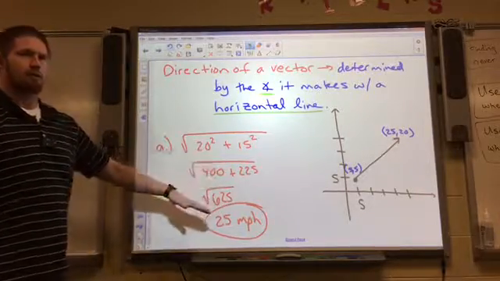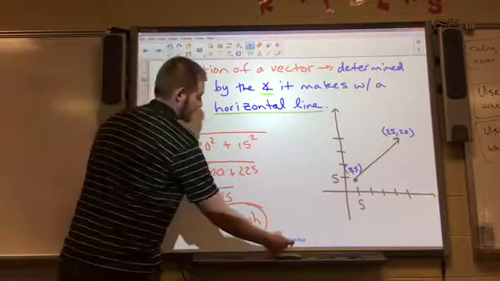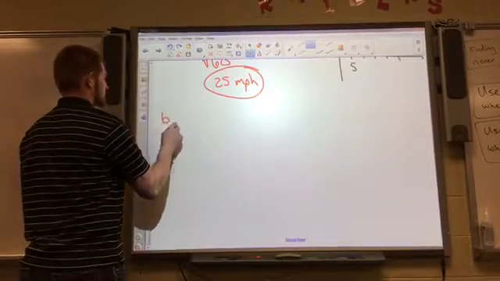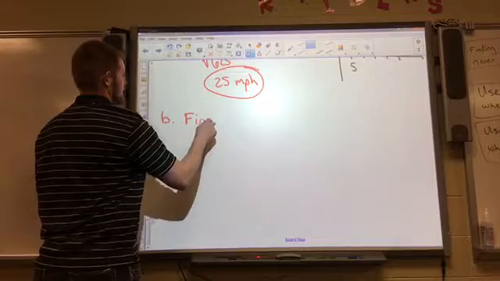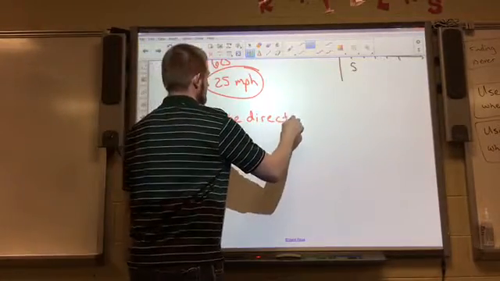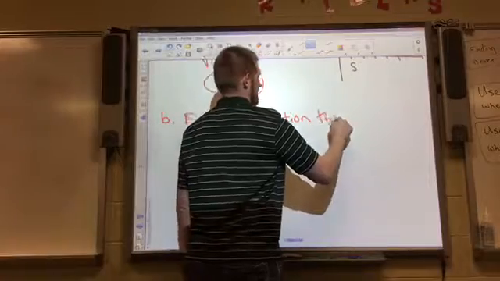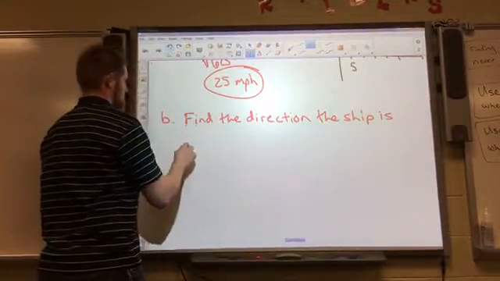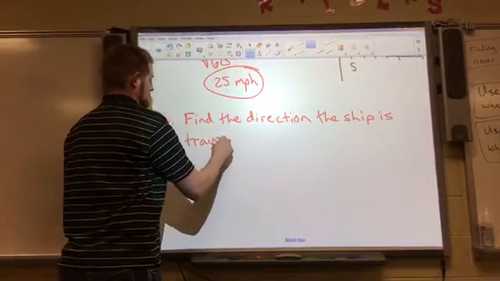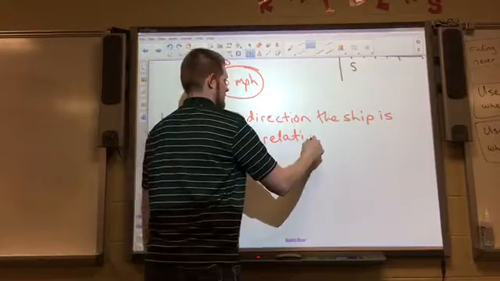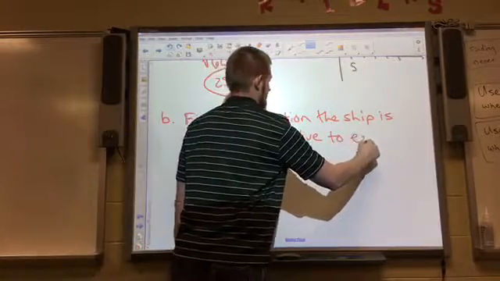Okay, I think we could have done that as long as we knew the terminology. Now the second part is the new stuff. They want us to find the direction the ship is traveling relative to east.